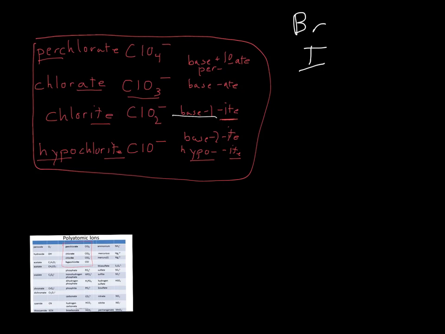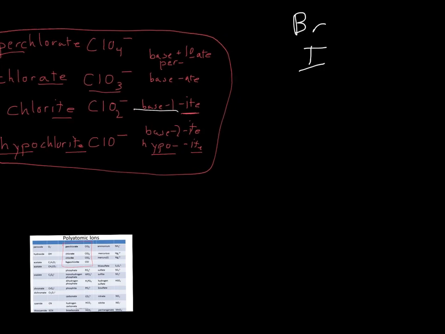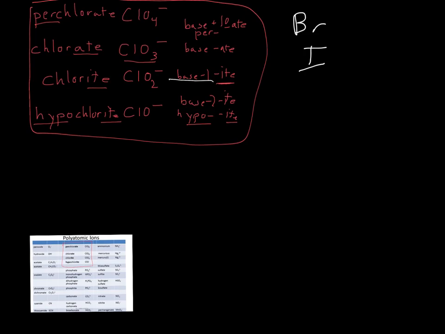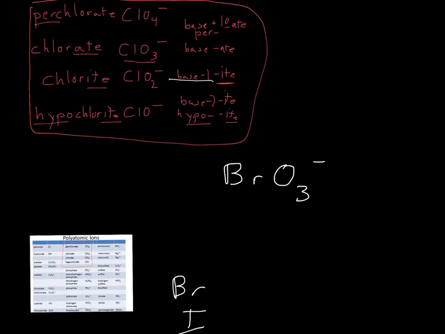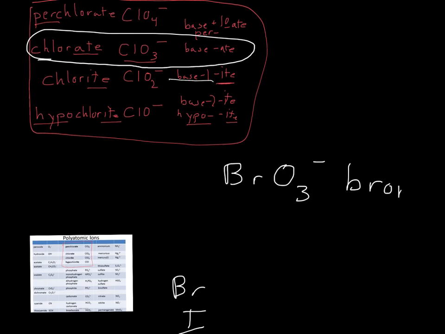So I could ask you, and I expect you to know, the name of that polyatomic ion, even if it's not on your sheet. If bromine and chlorine are similar, ClO3 negative is chlorate, so BrO3 negative would be bromate.